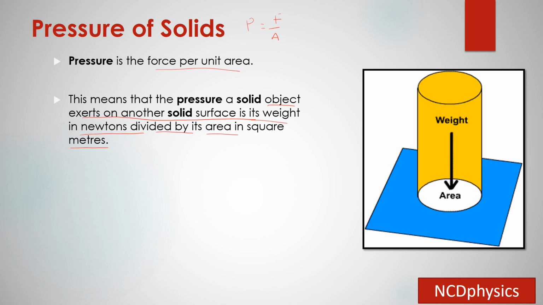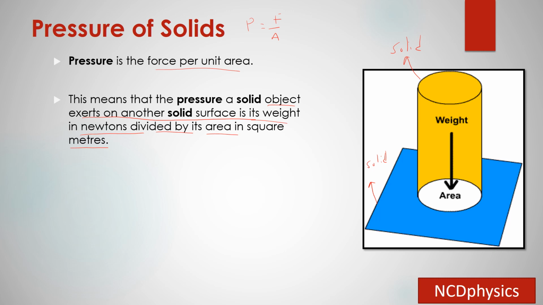What is the meaning of this? For example, I have this object. This is a solid object, isn't it? This is a cylinder, let's say solid, and I have another object. This one is also a solid surface. This solid cylinder is standing on a plane.